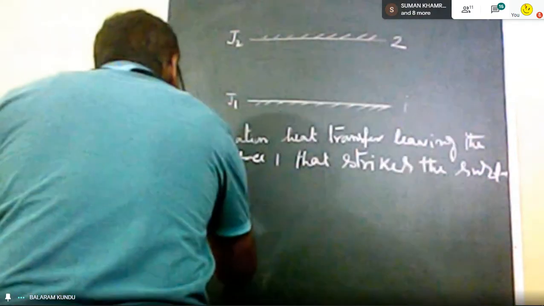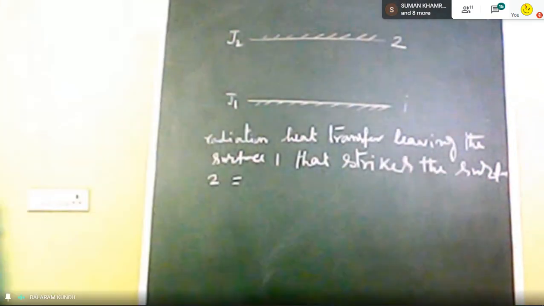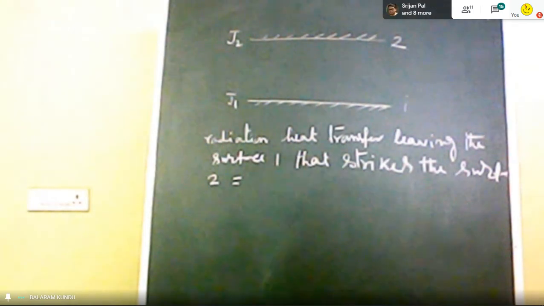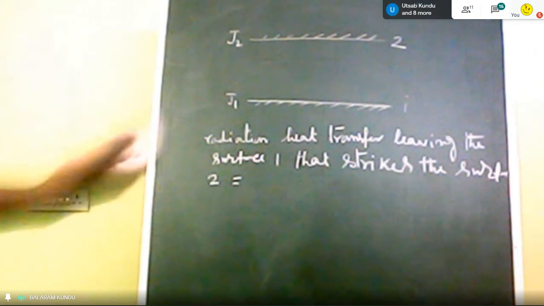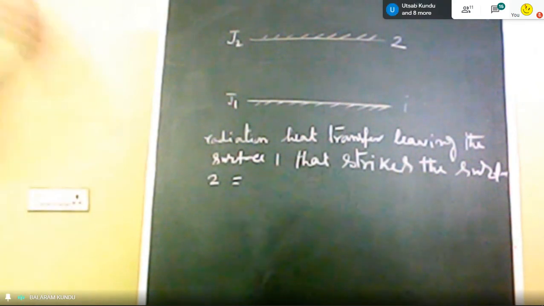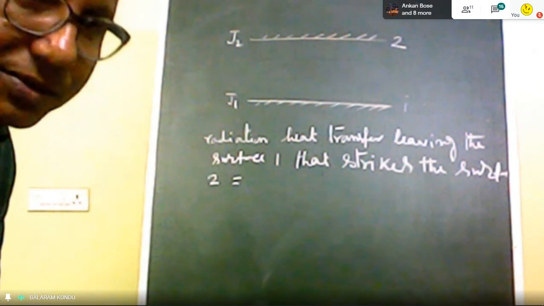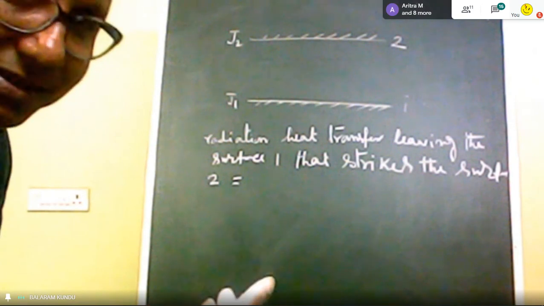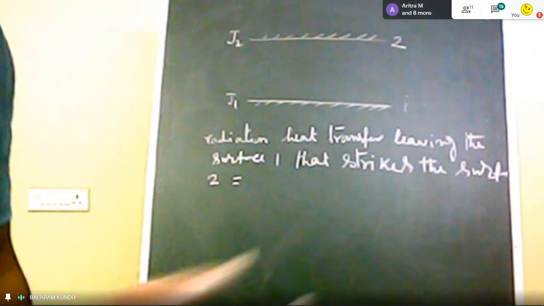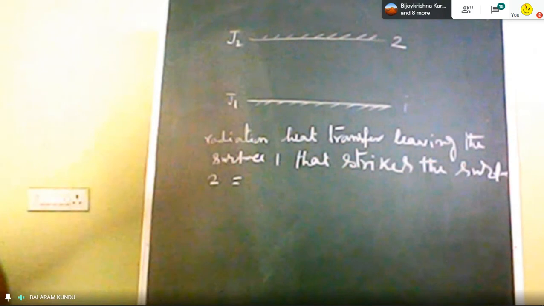That strike the surface 2 is equal to what? Radiation heat transfer: the radiation heat energy leaving surface 1 that strikes surface 2. Mathematical expression: G1 is a flux, so G1 into area.